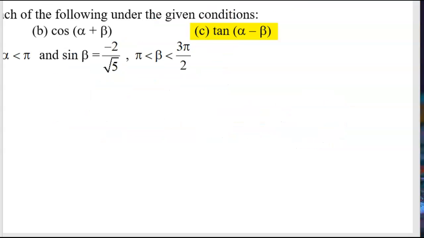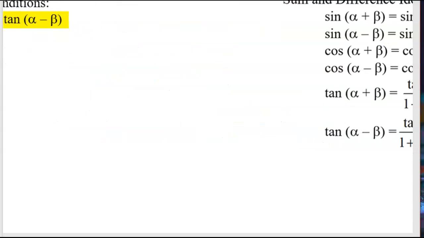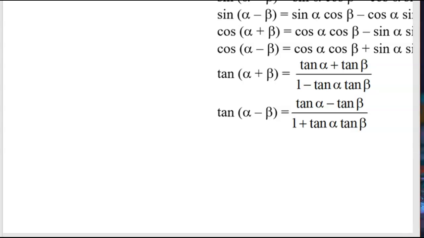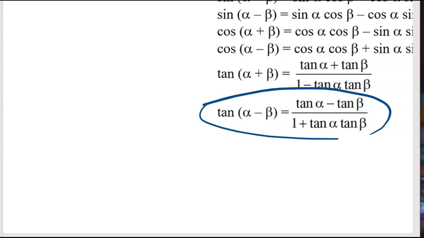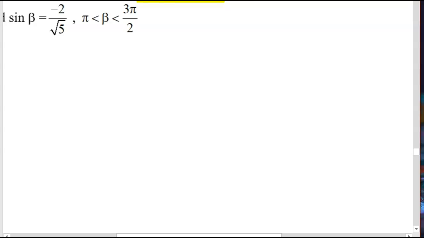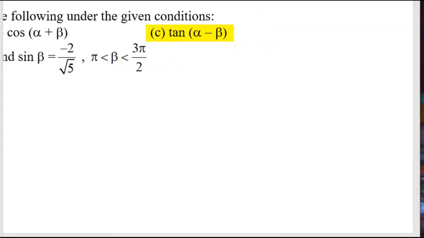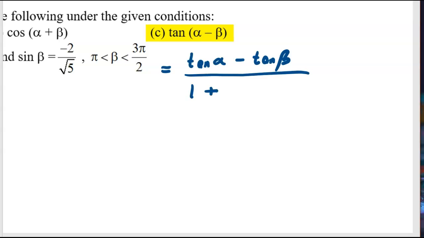Okay, and then that takes us to part C. All right, part C, we're going to use tangent of alpha minus beta, which is that formula. So tangent of alpha minus beta is tangent of alpha minus tangent of beta over 1 plus tangent of alpha times tangent of beta, and now is where we have all kinds of fun, right?